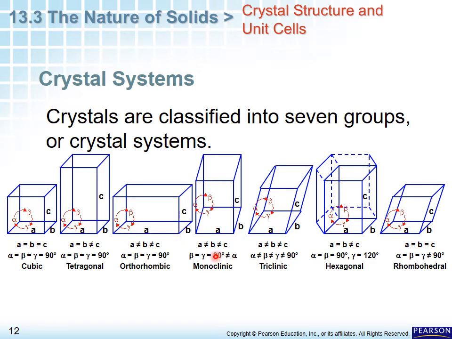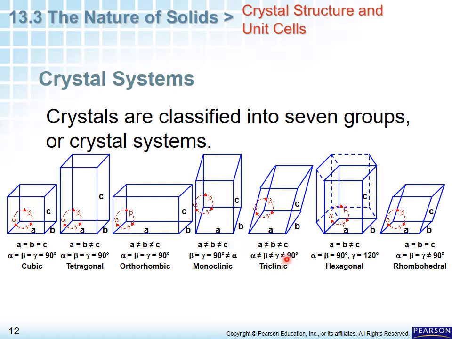Now look here, it's called monoclinic. All the sides are unequal, and beta and gamma angles are 90 degrees, but not alpha. Alpha is a little bit narrow.